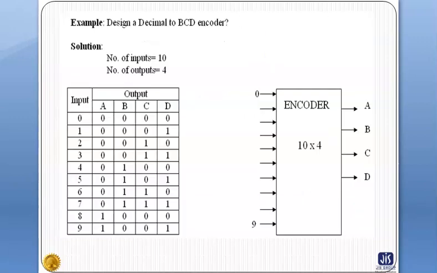Here is another example, designing a decimal to BCD encoder. Here the input lines are 10, that is the 10 decimal digits 0 to 9, and the output lines are 4 in number.